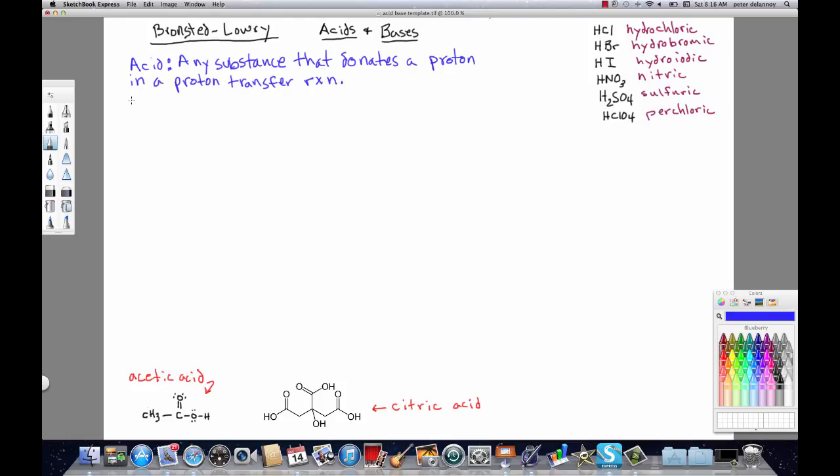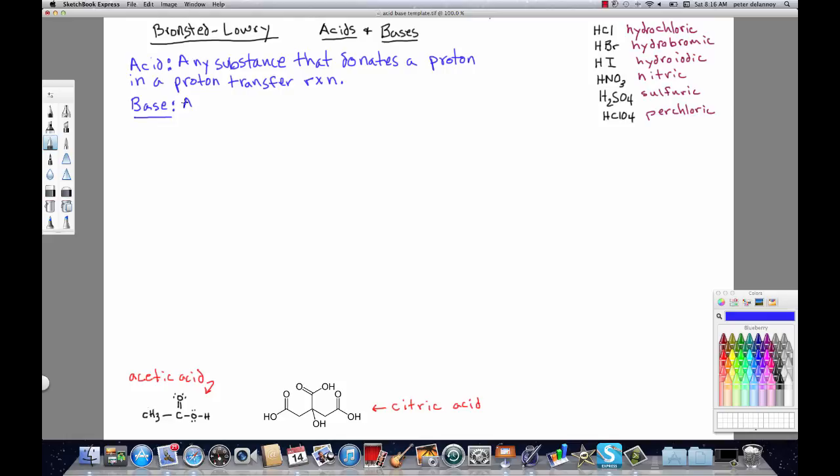All right, now I'm going to mainly focus in this presentation on acids, but you can't talk about acids without also talking about bases, because they're completely interrelated and you can't have one in solution without the other. So we're going to define the Bronsted-Lowry definition of a base too, and we'll definitely apply this.